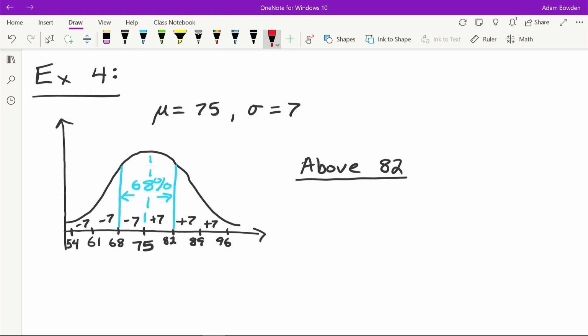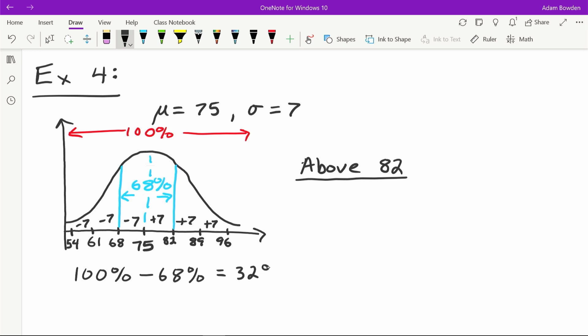And so if we look at it that way, then let's think about how much is left over on either side. As always, everything has to add up to 100% if we go across the whole thing. So if we take away 68 from 100, we're left with 32% left over.